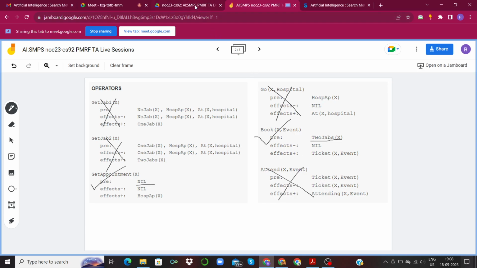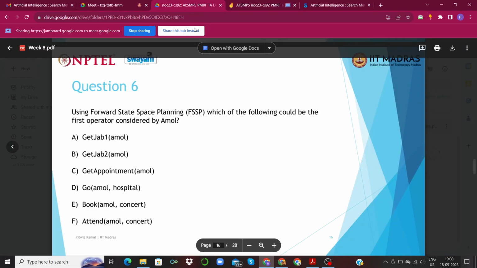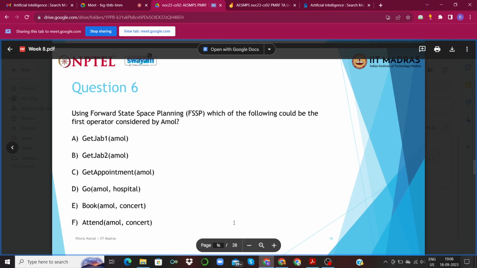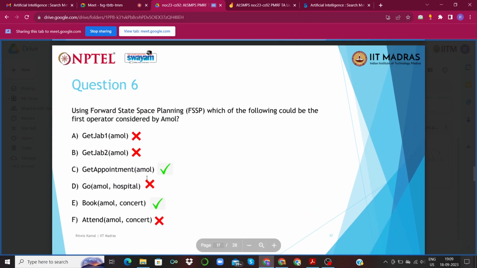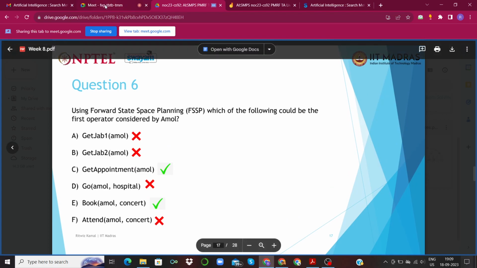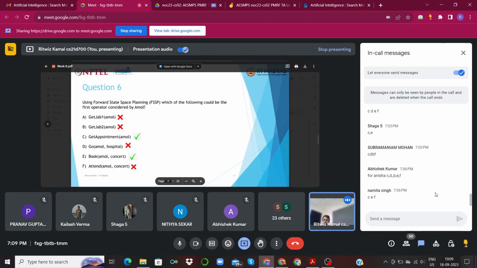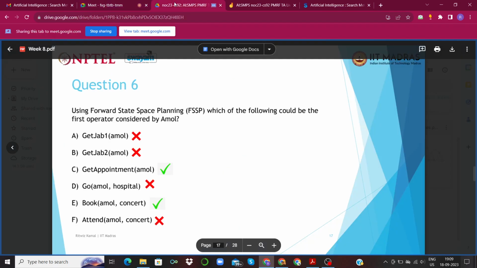So for Amol, get appointment Amol and book Amol, concert would be the 2 applicable answers in this case. So let's have a look. Get appointment Amol and book Amol, concert are the 2 correct answers, which is C and E. So that is the answer for Amol.